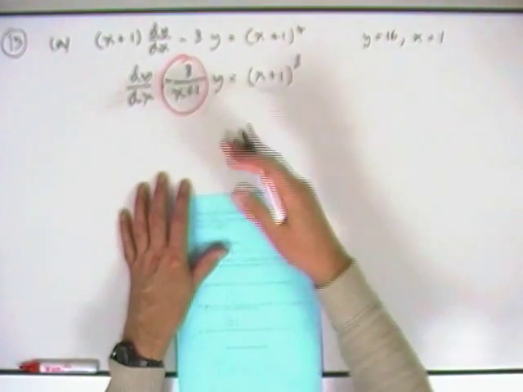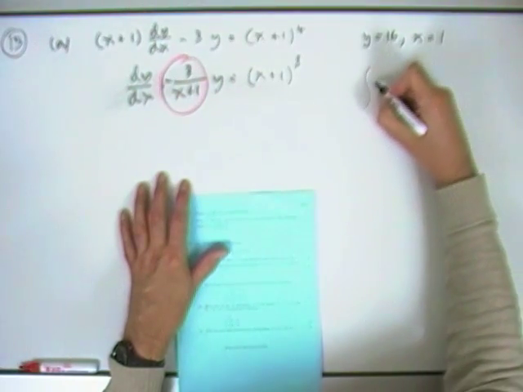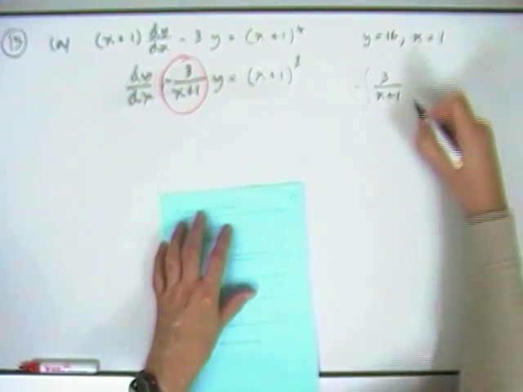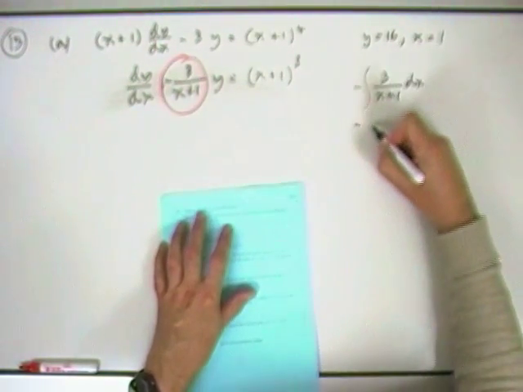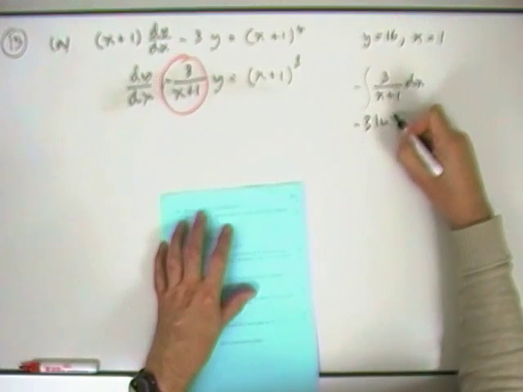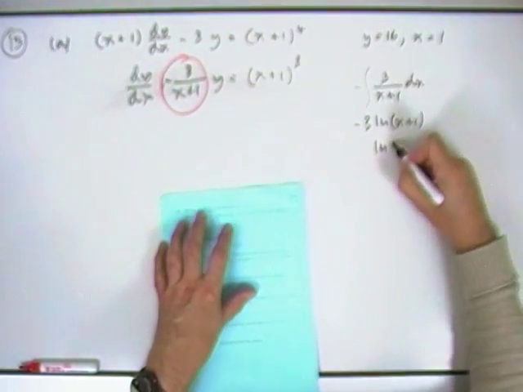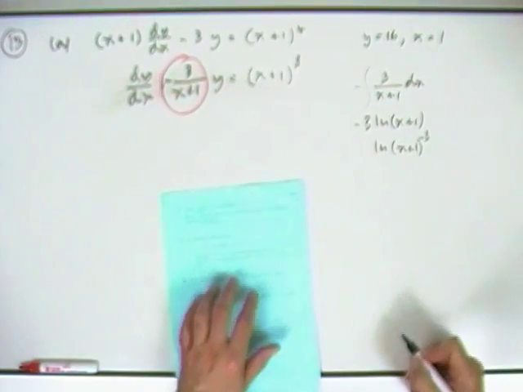Sometimes you give it names like p of x, whatever you like. I'm just going to do the integral of it. The integral of negative 3 over x plus 1 dx, that's a log. So I've got negative 3 ln of x plus 1. Put it all inside though, so it's ln of x plus 1 to the negative 3.